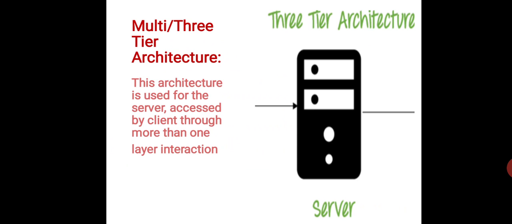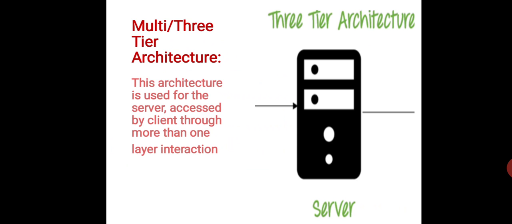That means the next extension of two tier is the three tier. In two tier, one server can be accessed by almost 100 computers, 100 clients. One server cannot access more than 100 clients. In those situations we move to the multi-tier architecture.